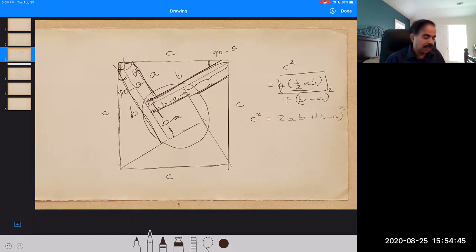Now we can do the simplification. We can do b minus a whole square, right? So let's write 2AB plus, let's expand b minus a whole square, which is b square plus a square minus 2AB, right?